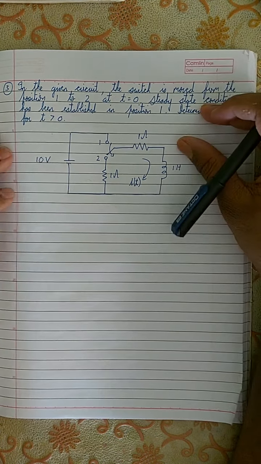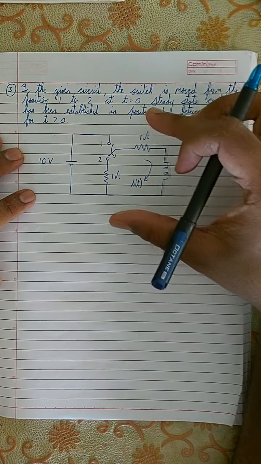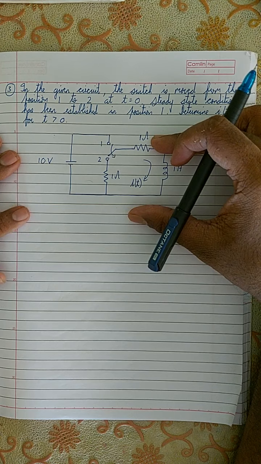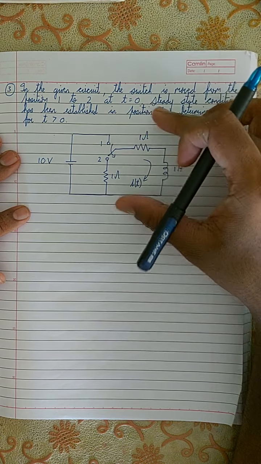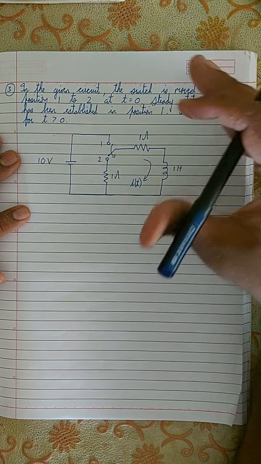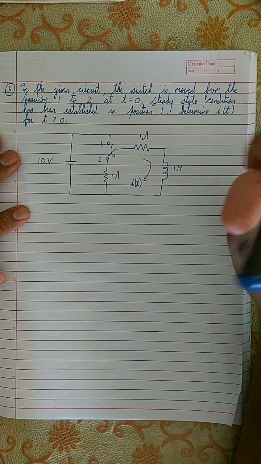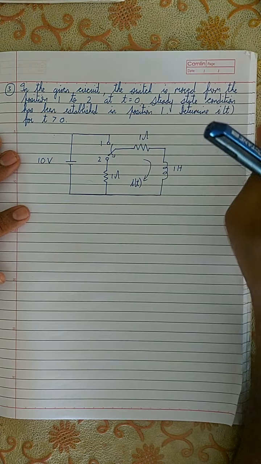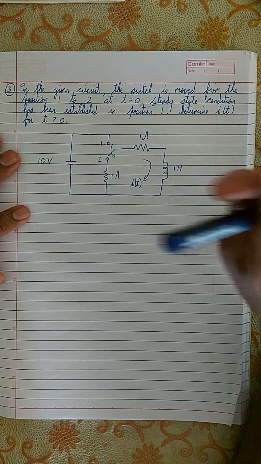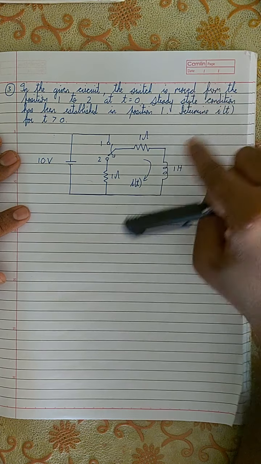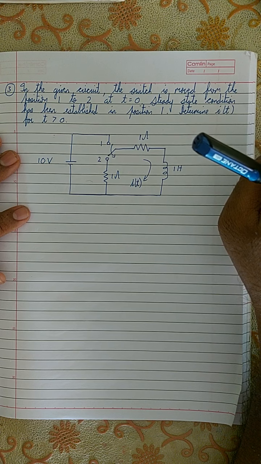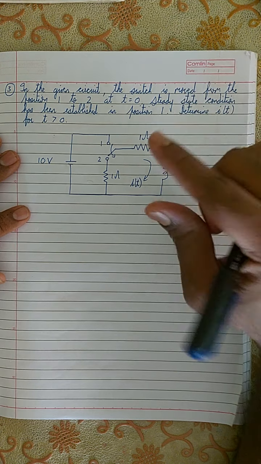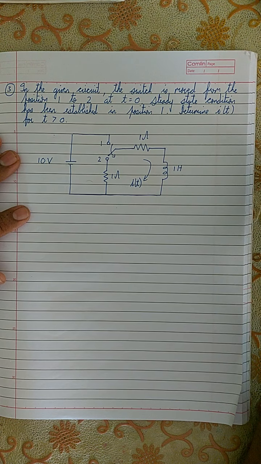So if you see this kind of circuit, which involves a switch, just think of it like this: there are two circuits inside the circuit. That's how you need to think. One circuit you use to find the initial conditions, and the second circuit you use to find the value.